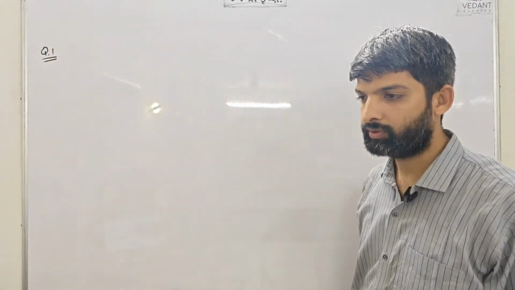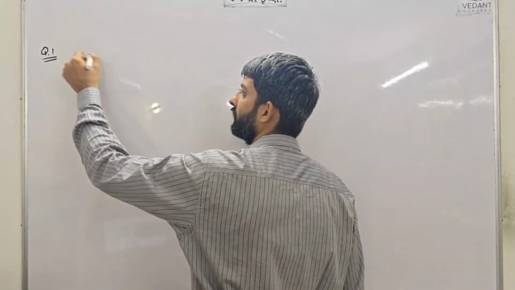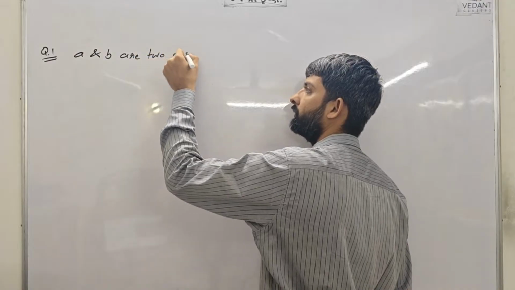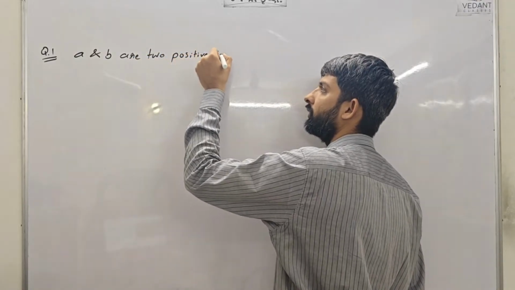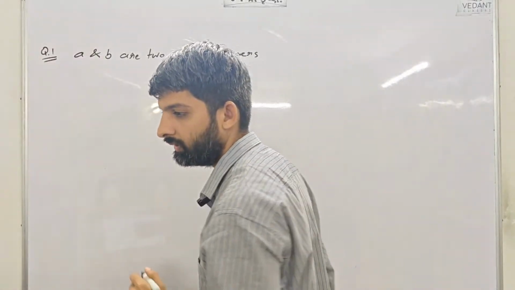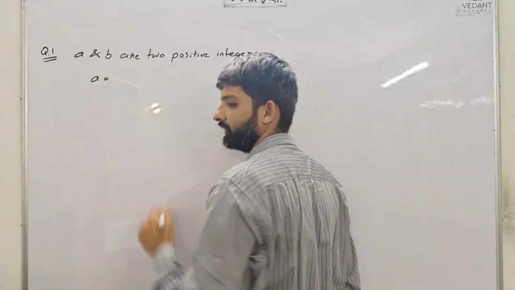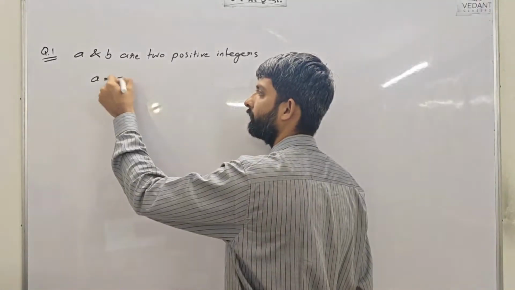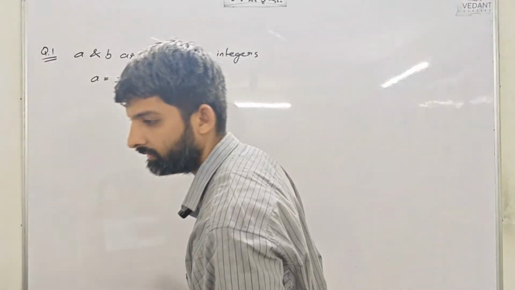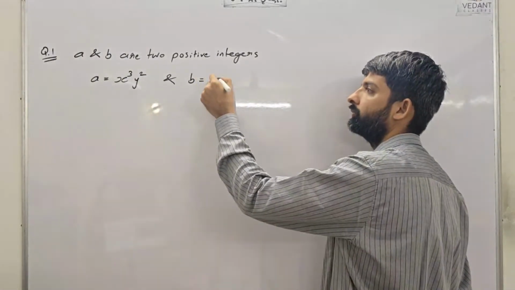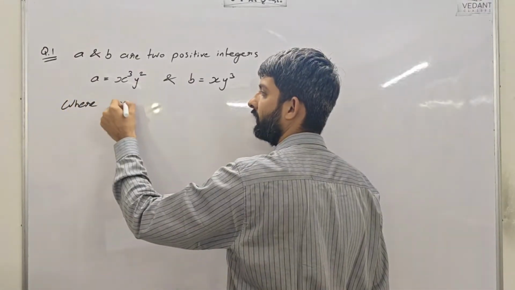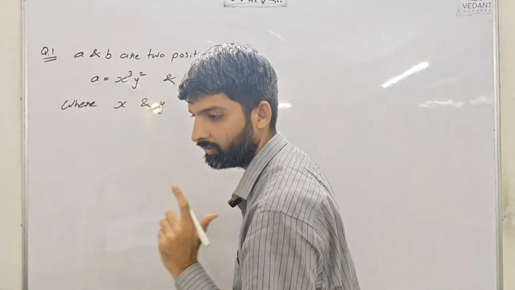Okay, let's start with question 1. A and B are two positive integers where A is written as x cube y square and B is written as x y cube, where x and y are prime numbers.